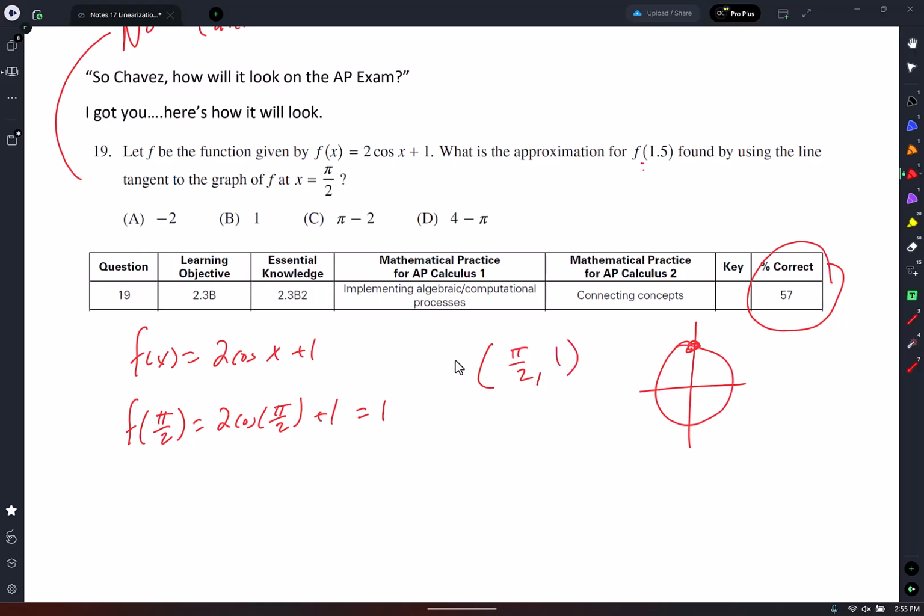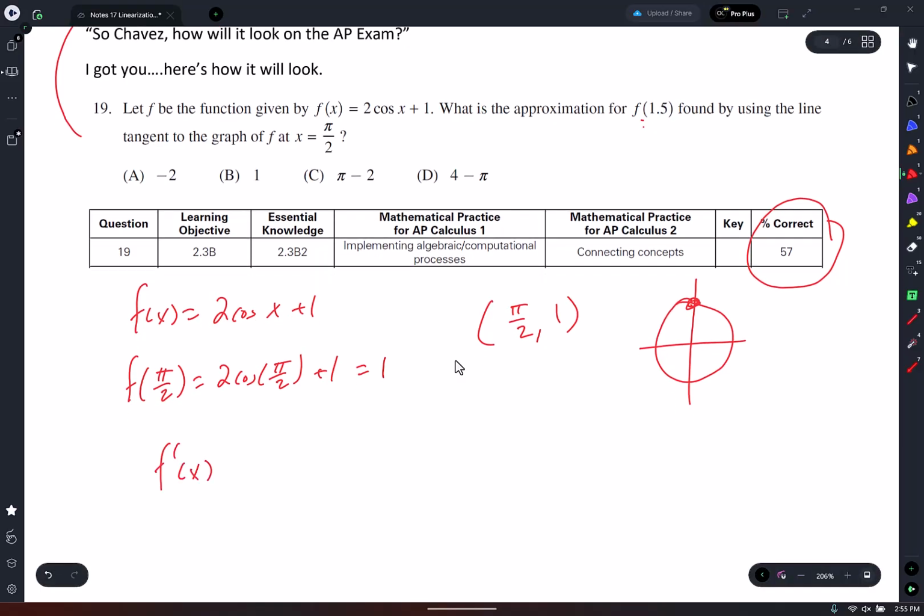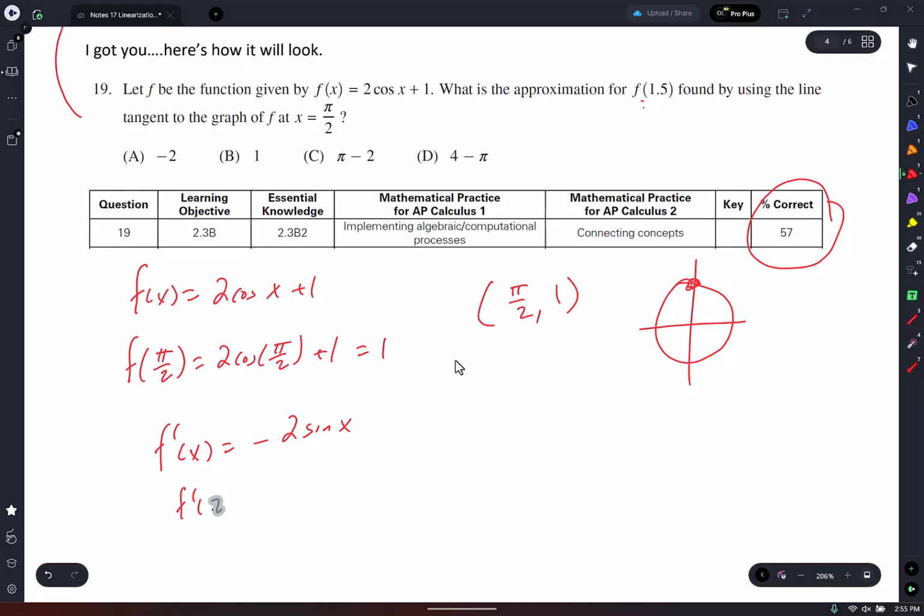And now I need a slope. So here's my slope. f prime of x equals negative 2 sine x. So f prime of pi over 2 equals negative 2 sine of pi over 2. Well, sine of pi over 2 is 1, so I'm going to get negative 2.